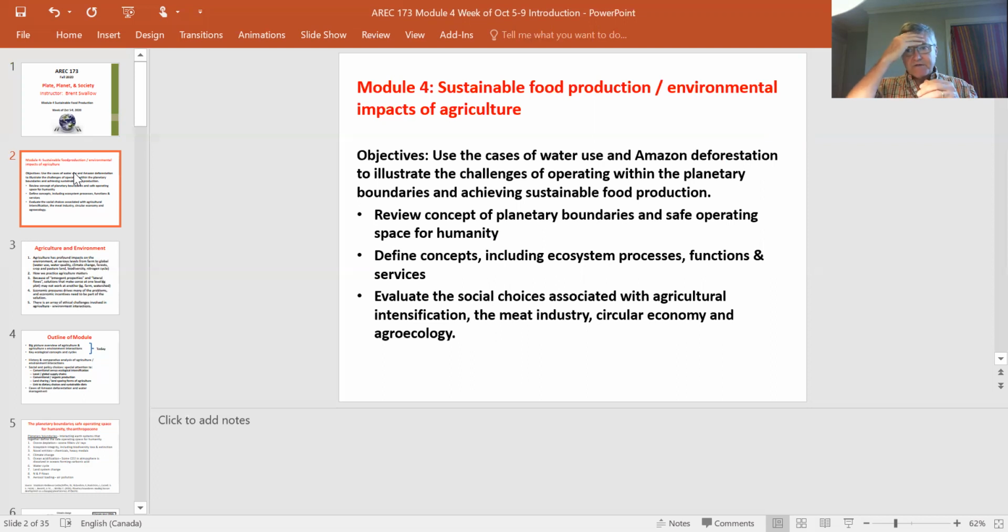And the other thing is we're going to use cases of water use and Amazon deforestation to illustrate these in a deeper way. We could spend the whole rest of the class just on different cases of environmental impact and how to reduce that. But now we're going to provide some overview, big picture concepts, and then a couple of cases to illustrate.